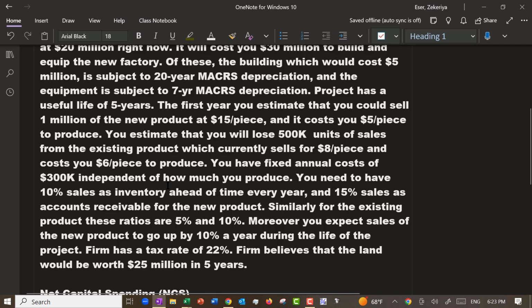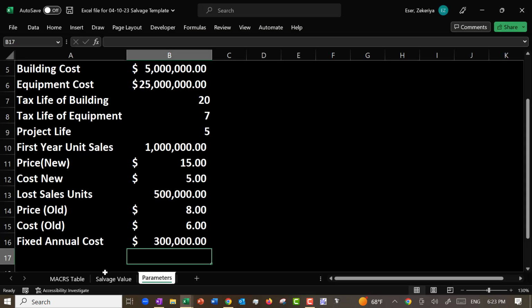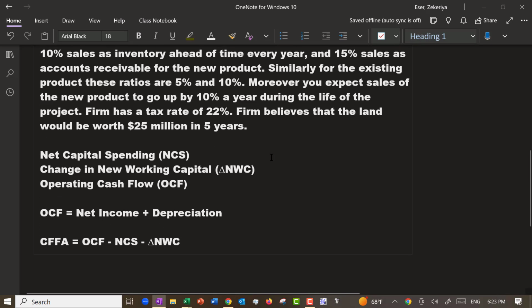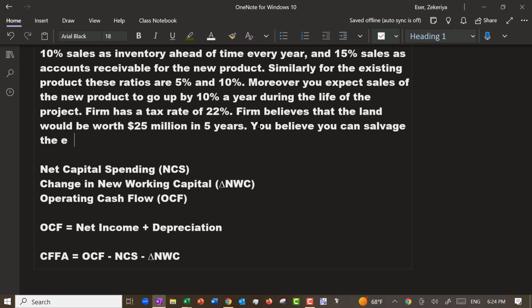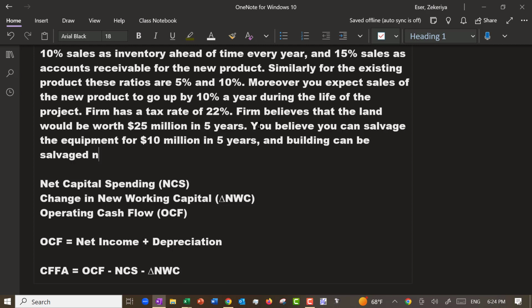Oh, one thing I forgot to add. You believe you can salvage the equipment for 10 million in 5 years, and building can be salvaged only for 200,000.